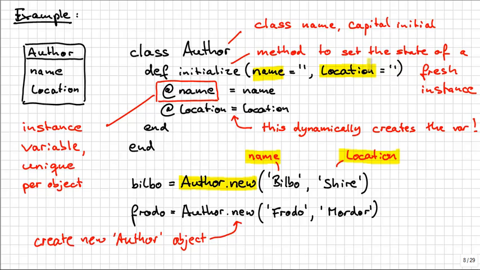So here we capture two new instances, one called Bilbo and one called Frodo, and both are instances of the author class, initialized differently in terms of the name and location.